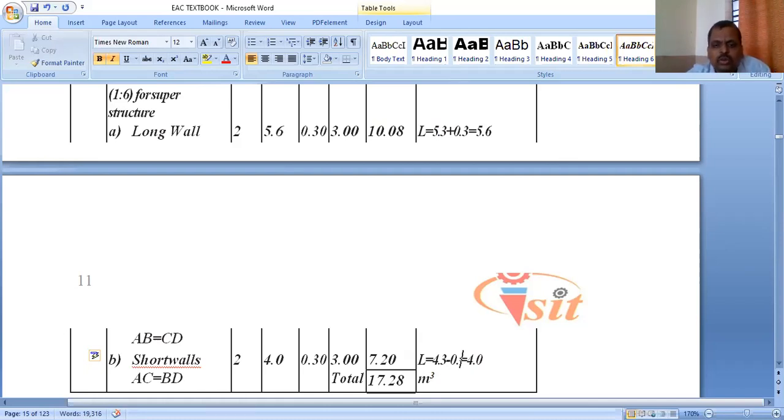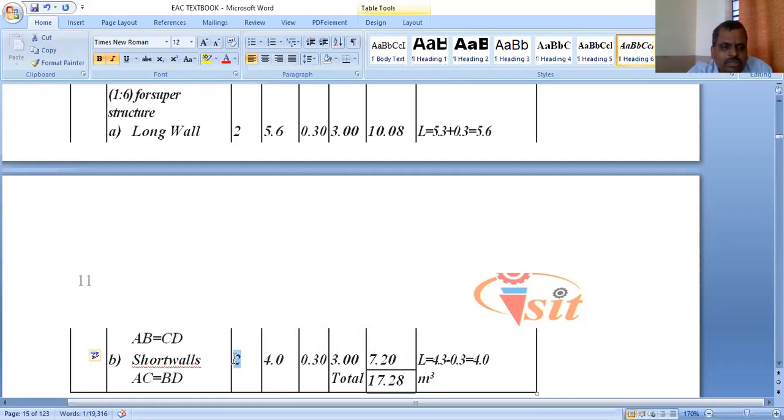Now you have to calculate the length of the short wall. The length of the short wall is equal to center to center distance minus one width of the item, so it will be 4.3 meter minus 0.3 meter, which is 4 meter. You have taken the length of the short wall as 4 meter.